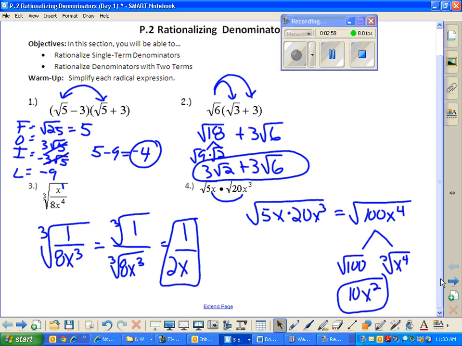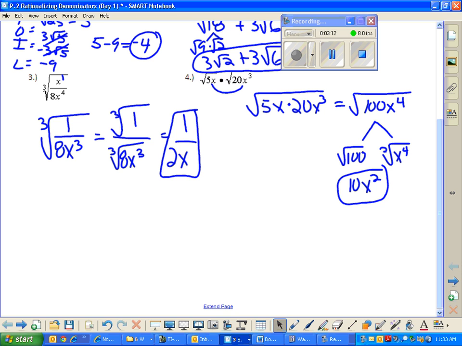What's up, Darius? Is this the 2 you're mentioning? Yeah. So I didn't show it, but I did use the product property on the bottom there. Like I had to take the cube root of 8 times the cube root of x to the third. So the cube root of x to the third is where I got the x from.